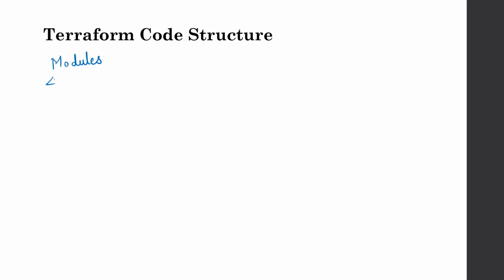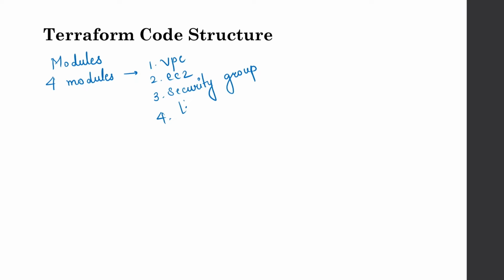There will be four modules: first is VPC, second is EC2, third is security group, and fourth is our load balancer. These will be the modules that we'll be creating.